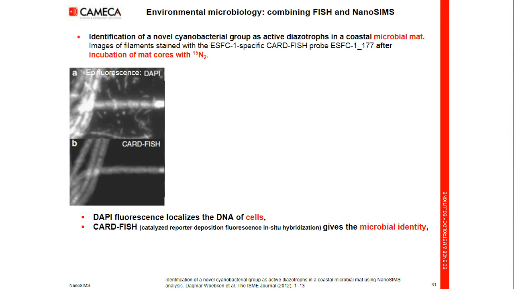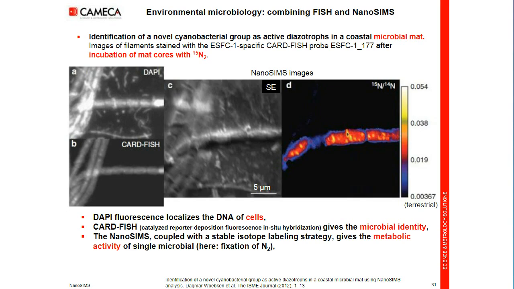And once this is done, one can run the same measurement, same imaging analysis in the NanoSIMS. On the left, you can see a secondary electron image induced by the primary ion, and on the right, you can see the nitrogen-15 over nitrogen-14 ratio, and you can quantify the fixation, so the metabolic activity of single microbes.